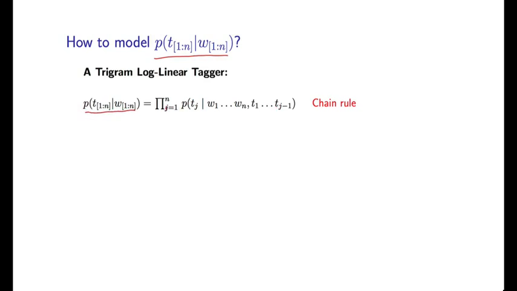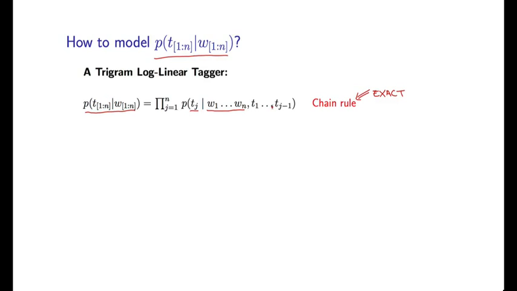I have one term for each position, j equals 1 to n, and then I have the conditional probability of the jth tag value conditioned on the full sequence of words W1 through Wn, and in addition conditioned on the previous j-1 tags. This step is, as usual with the chain rule, exact in that any conditional distribution of tags given words can be decomposed into a product of terms in this way.